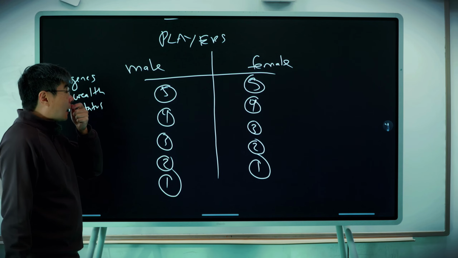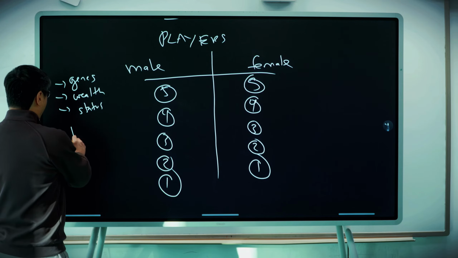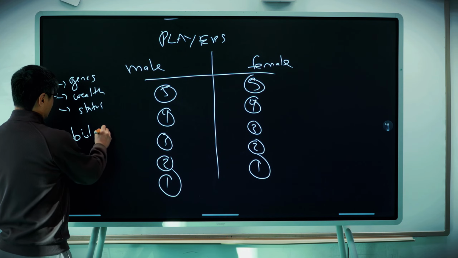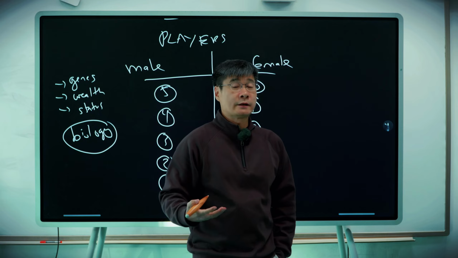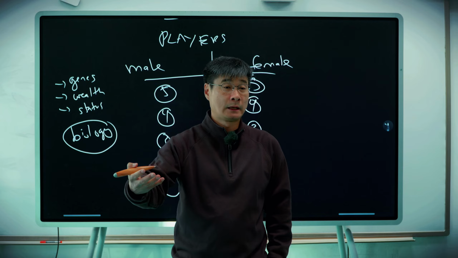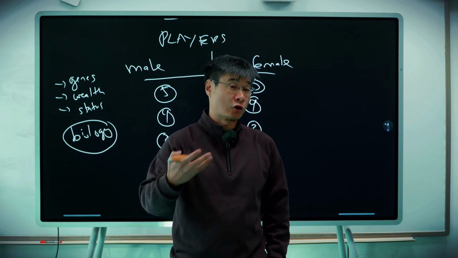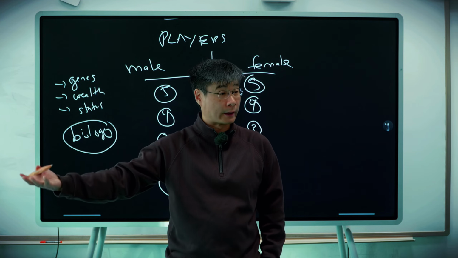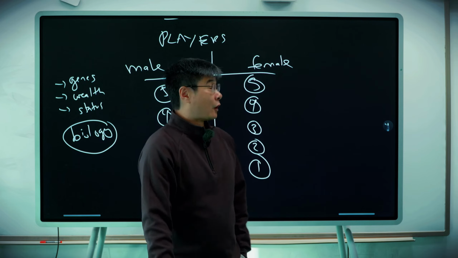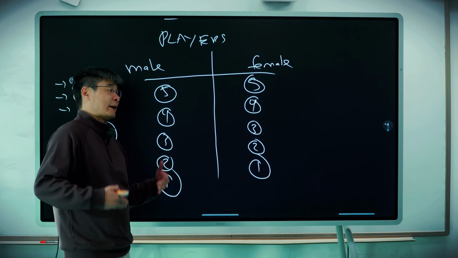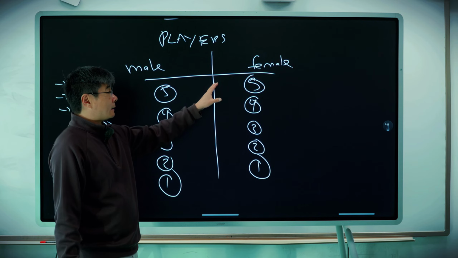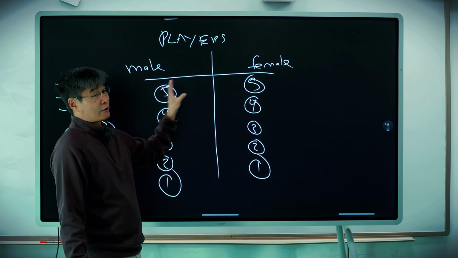So, according to biology, what we call evolutionary biology or evolutionary psychology, we're always trying to find the best genes to procreate because this ensures that our genes pass on. Okay? So, remember that men have a penis which they can stick into anything. Women have to give birth, so their strategies are different, okay?